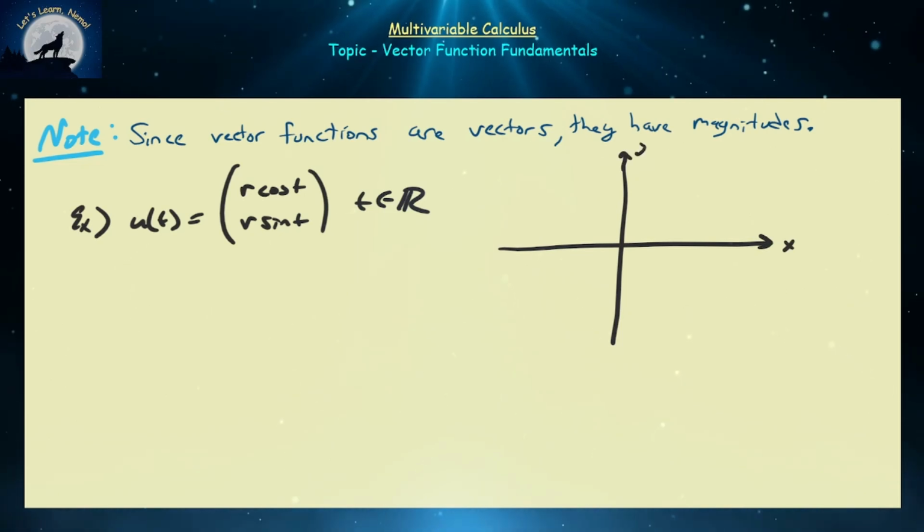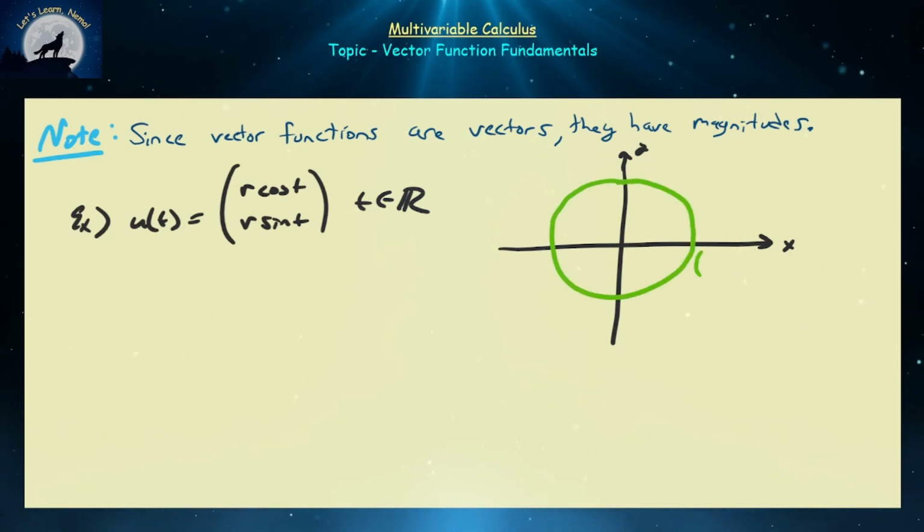So if this is x and this is y, let's say, then you should know that this is the vector function representing a circle of radius r. So this is the point (r, 0), this is the point (0, r), this is (minus r, 0), and this is (0, minus r), where the orientation is counterclockwise. And you should be able to verify that.